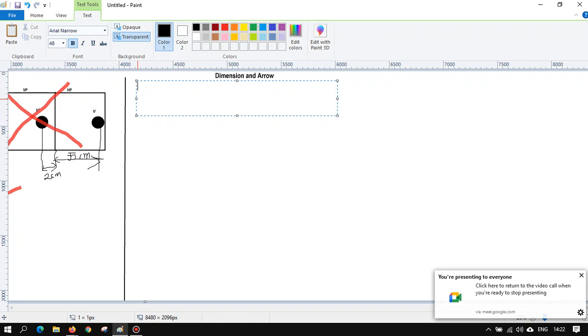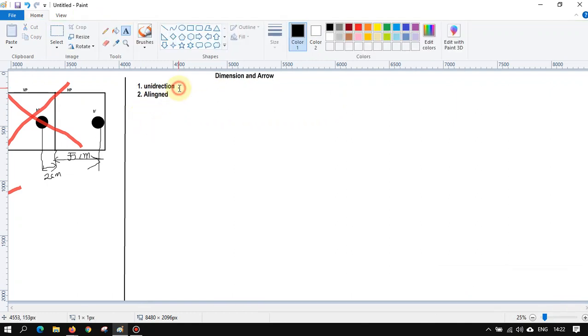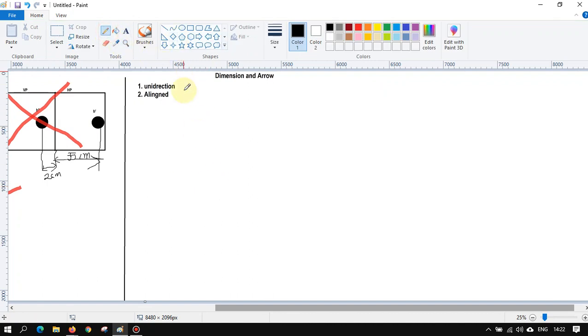One is unidirectional, and the other is aligned. Now, what does unidirectional mean? Let me consider a rectangle that would give you the answer.